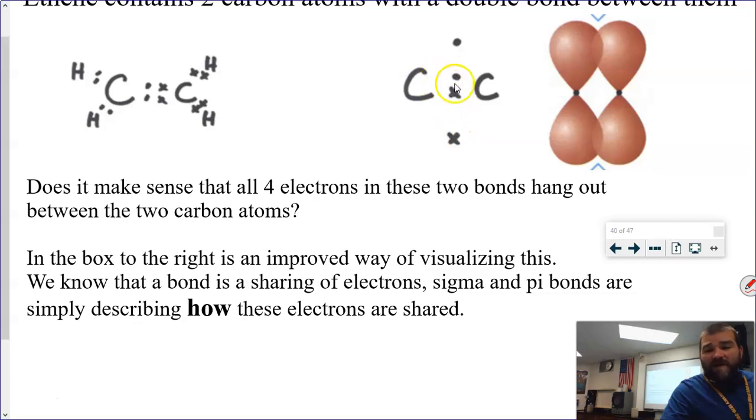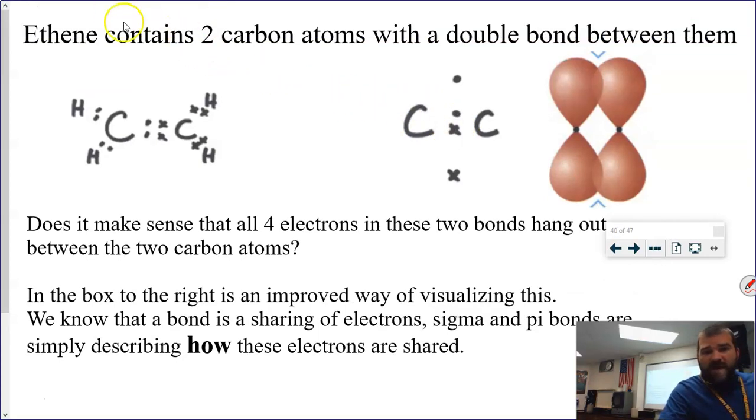The first bond between these 2 atoms occurs directly between the 2 nuclei, right in the middle between the 2 atoms, like we would totally expect, right? There are 2 electrons, they're shared, a nucleus on either side, an atom on either side, and that makes our first chemical bond.